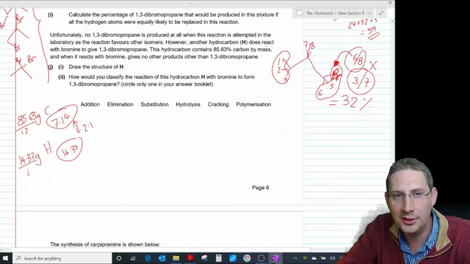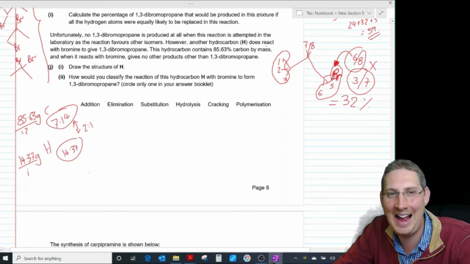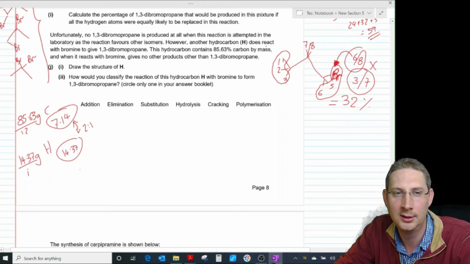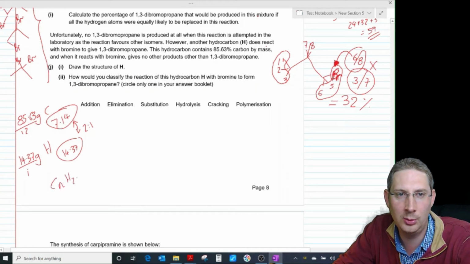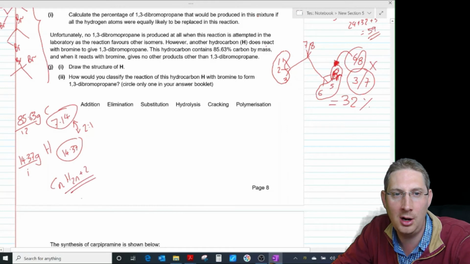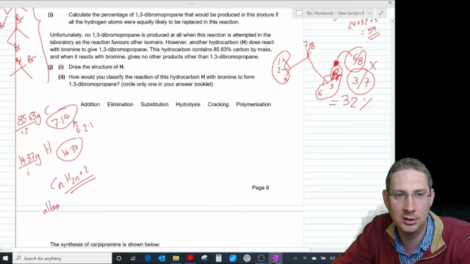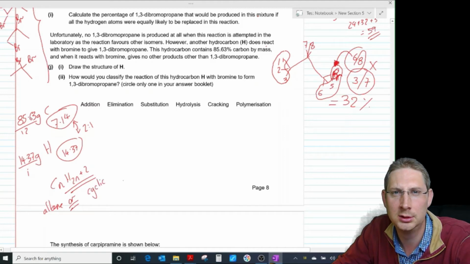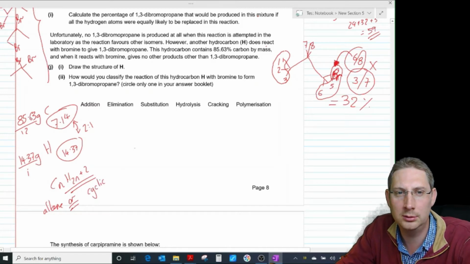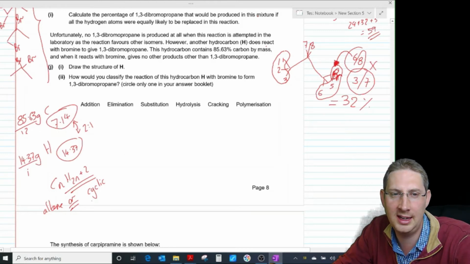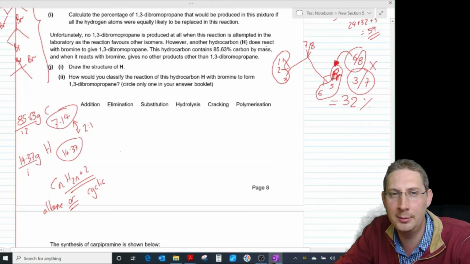Right. So clearly, given that alkanes are CnH2n plus 2, either this is an alkene or it's cyclic. Now, the problem, I think, if it was an alkene, is that it would go on to adjacent. Oh, is this right? How would you classify the reaction?